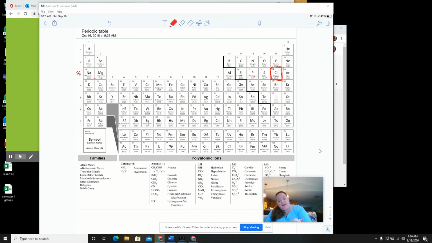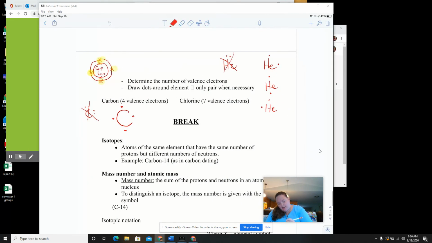So it's going to have 7 dots to it. Chlorine has 1, 2, 3, 4. So I went on all 4 compass directions. Now I can start to pair it up. 5, 6, 7. And there you go. So you do pair when necessary.